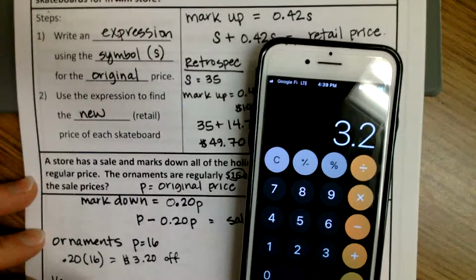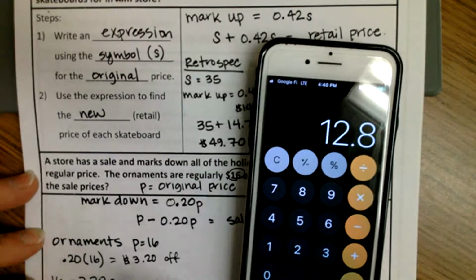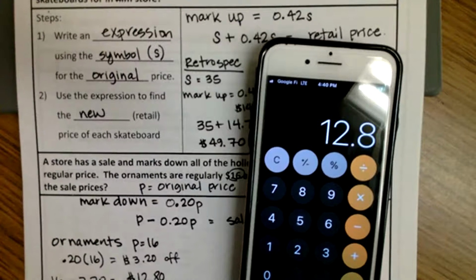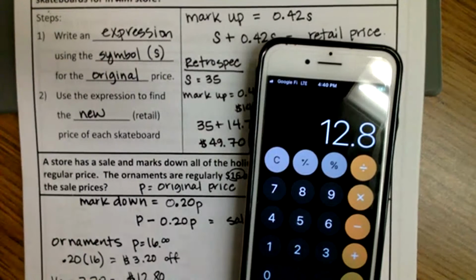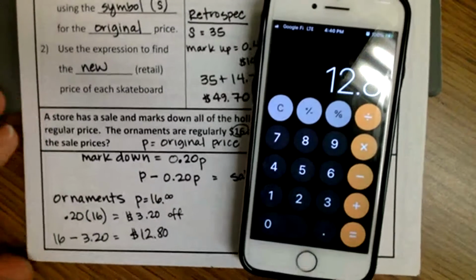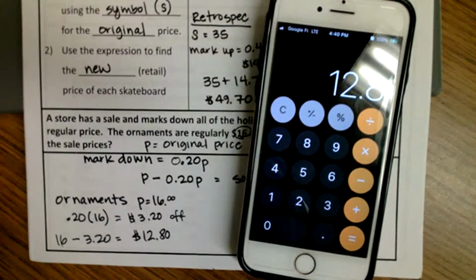The regular price was $16. So I'm going to subtract $3.20. So my new sale price is $16 minus the 20% off, which is $3.20. So my new price is $12.80. So the ornaments, which originally cost $16, are now $12.80 with the 20% off markdown.